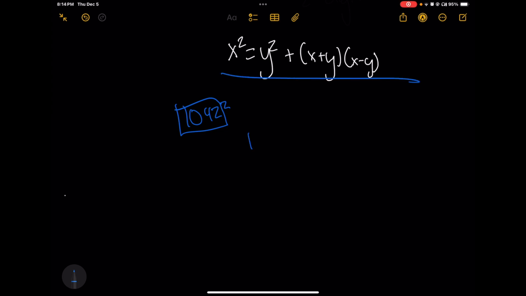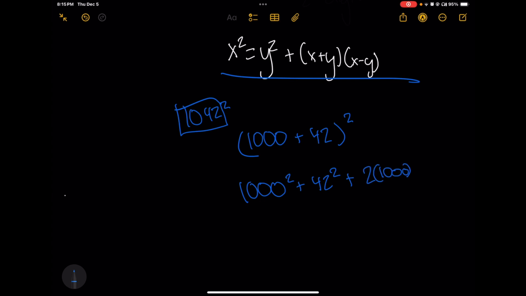I can do this as 1000 squared plus 42 squared plus 2 times 1000 times 42.